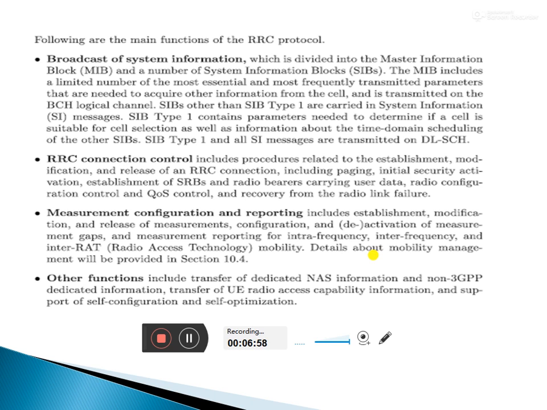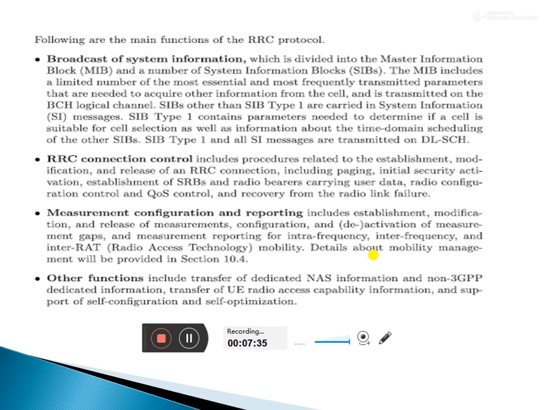Now measurement configuration and reporting. If the connection is established, measurement will start. How the measurement takes place, how it is established, what modifications there are, and what type of configuration we use for the measurements, you have to study through this configuration. Intra-frequency, inter-frequency and inter-RAT are some of the measurement types.